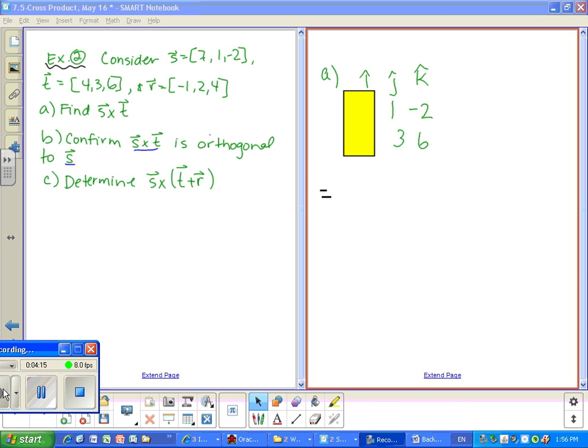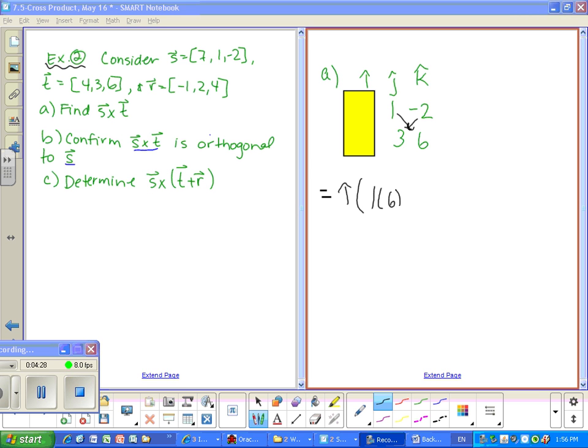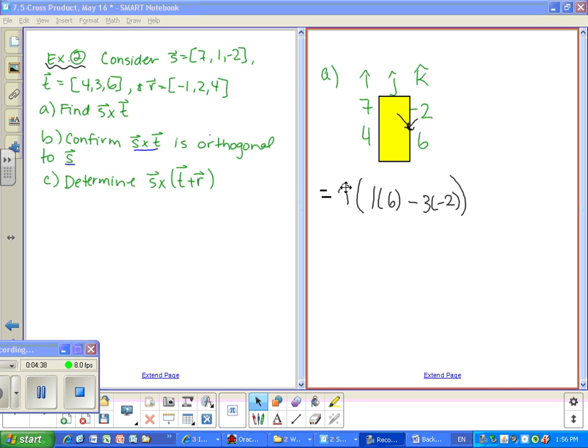So if we cover up our i, we do our diagonal. So since we're solving for i, we put an i in front. And we do, on the diagonal, 1 times 6 minus 3 times -2. Then we're finding the j. So we have to slide this over. The only difference with j, instead of adding this, we are subtracting j. But do the same thing on the diagonal.